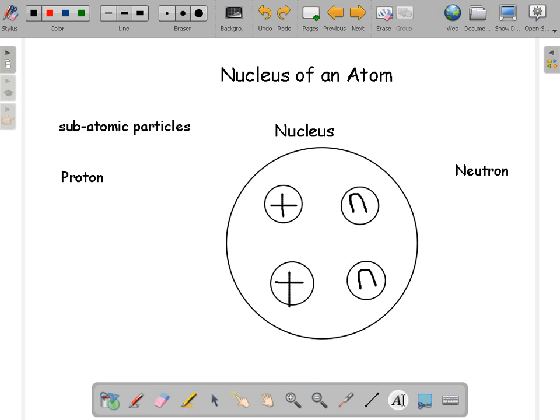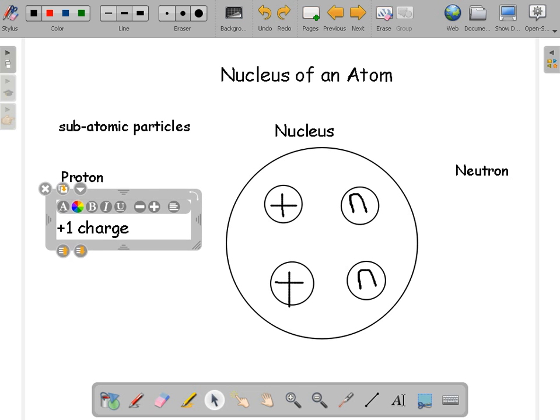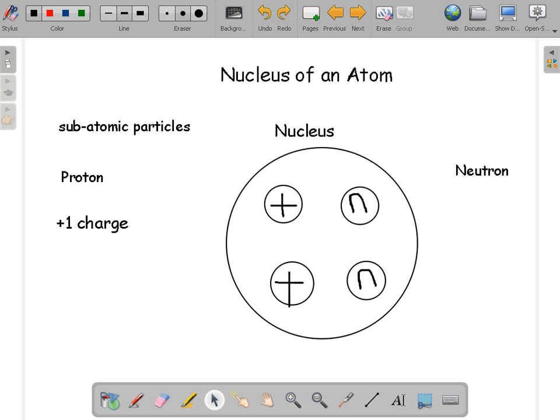Now if you don't know what a charge is, I'm gonna explain it in a minute. Let me just write down what it actually is. It has a +1 charge. So protons have a +1 charge. Now let me explain what charge is in short.